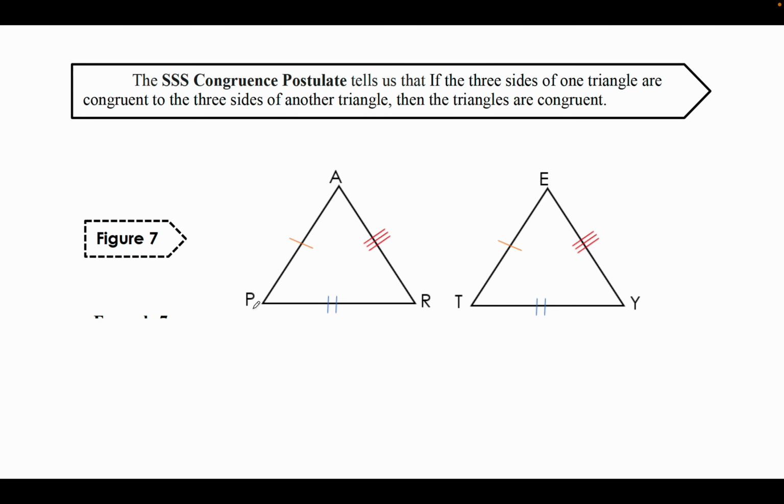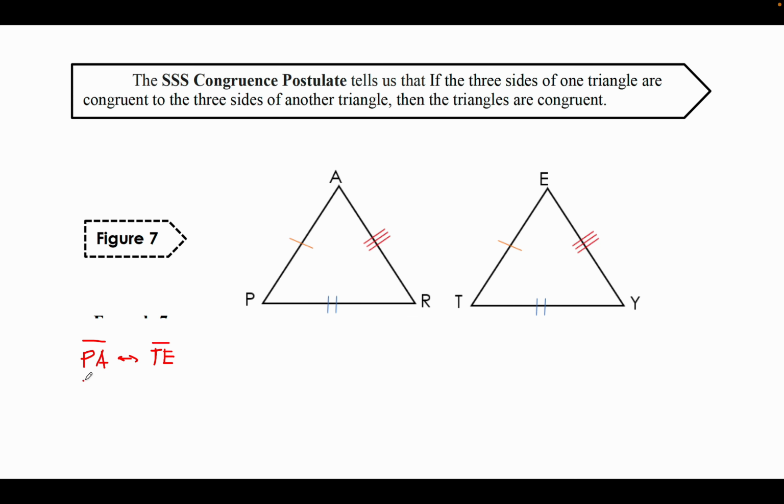So what are the three sides here in triangle PAR? We have side PA corresponds to side. We can read this as side or line segment if we are referring to a geometric figure. Pero kung line lang siya, we need to mention talaga yung line segment.